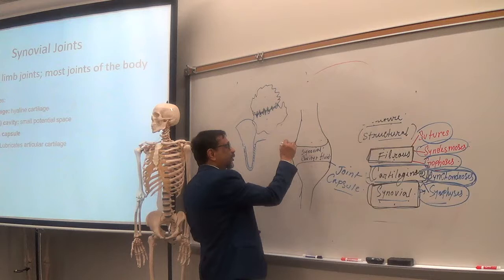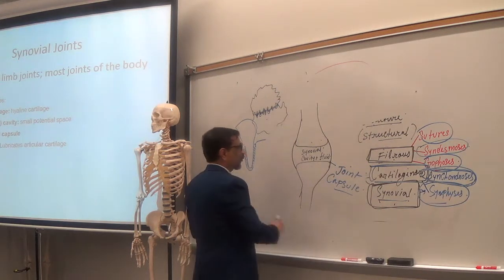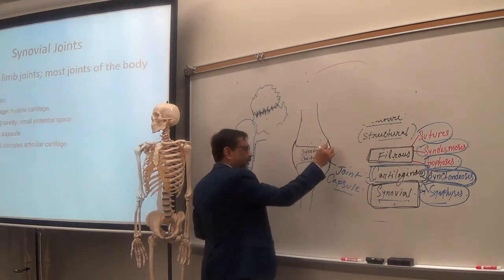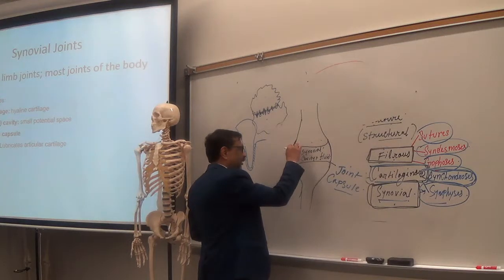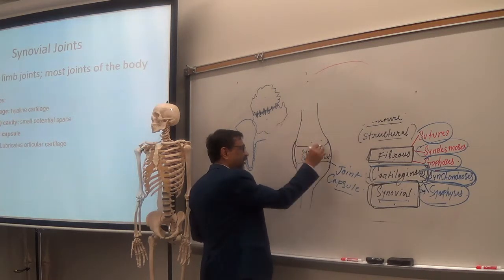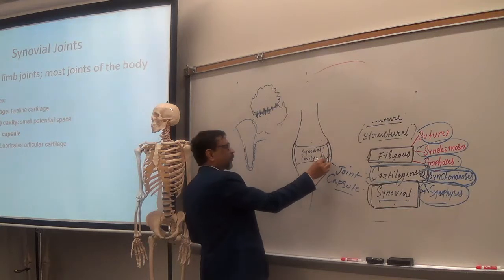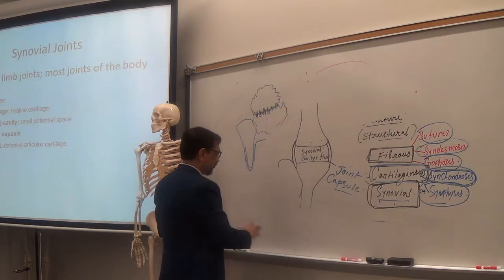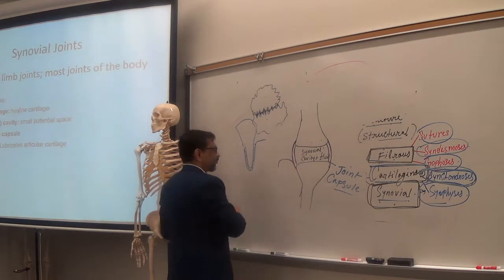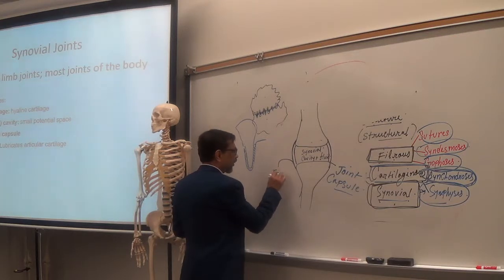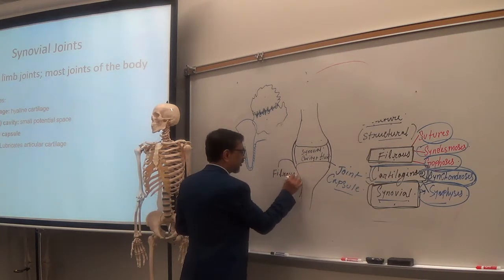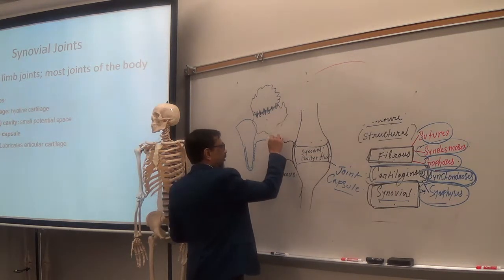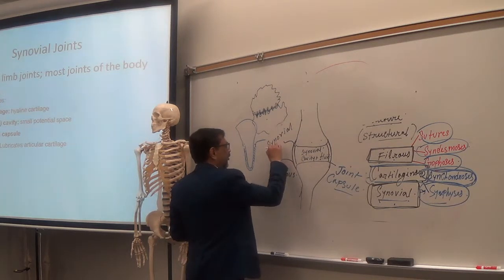And the capsule has two layers in it. So this is one layer, this is the outer layer, and this is another layer of the capsule. This is the inner layer. Okay, so two layers. Outer layer is fibrous, and inner layer is called synovial membrane.